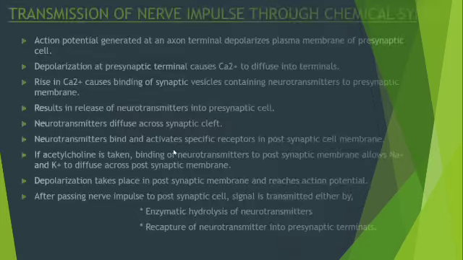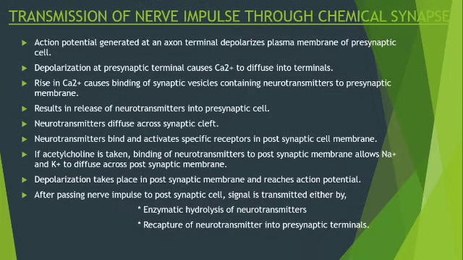So now let's learn about the mechanism of transmission of nerve impulse through chemical synapses. An action potential is generated at the axon terminal and depolarizes the plasma membrane of the presynaptic cell. Then, the depolarization at the presynaptic terminal causes calcium ions to diffuse into the terminal.